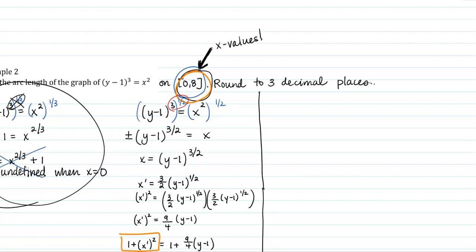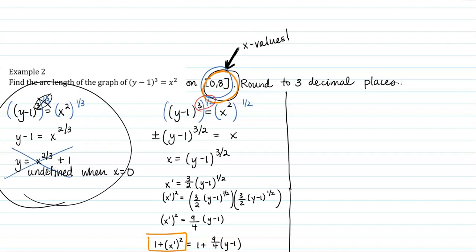So I need to figure out what is y when x is 0 and what is y when x is 8. Well, we had solved for y right here. I did cross it out because it did not work for us in terms of differentiability. It's not undefined, that's not the right word. It's not differentiable when x is equal to 0. But that is what y is equal to.